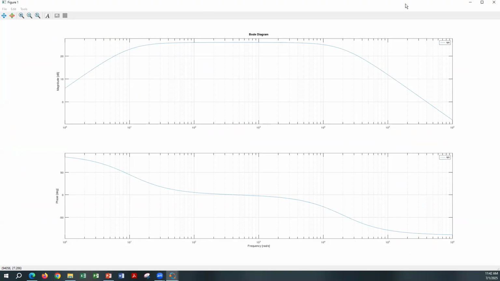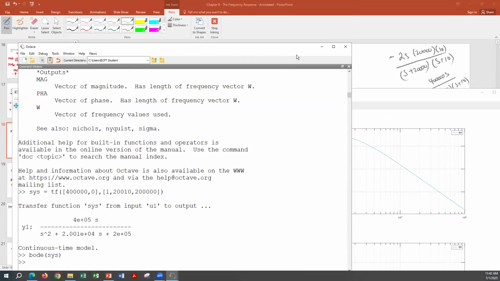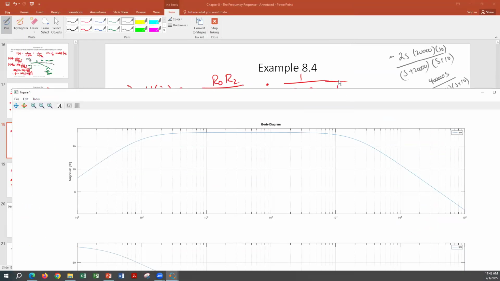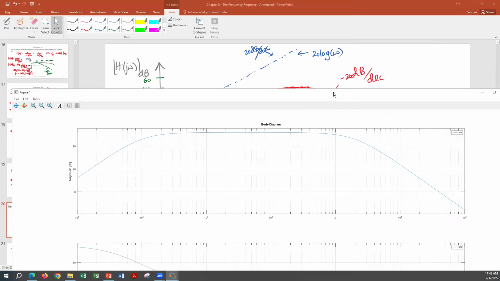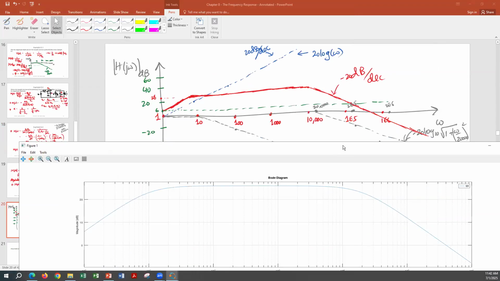Okay, so observe our plot and this plot is very close to each other. All right, there you go. This is the magnitude Bode plot. It started at 6 decibels.